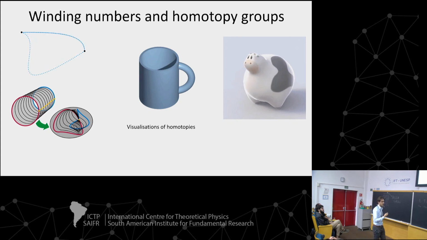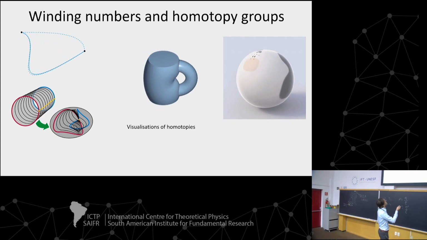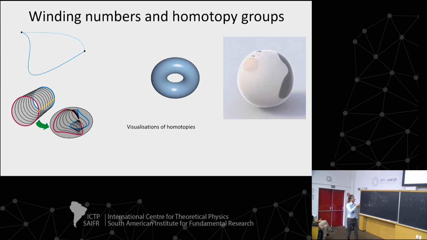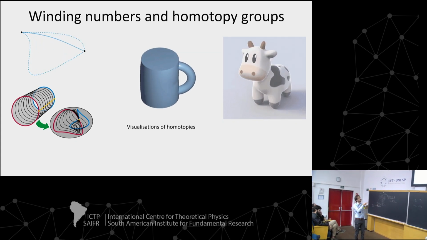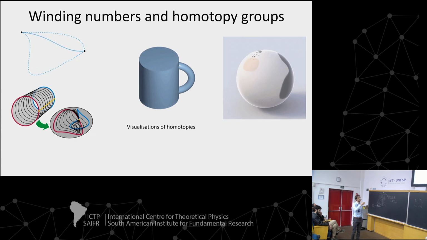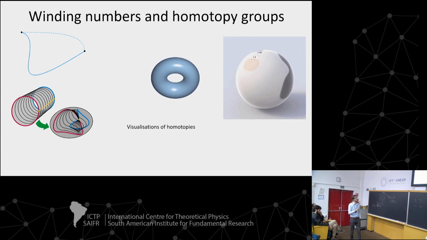And what's nice about homotopies is that you can classify the type of homotopies that are allowed within a particular topological space, for example, on a continuous surface.